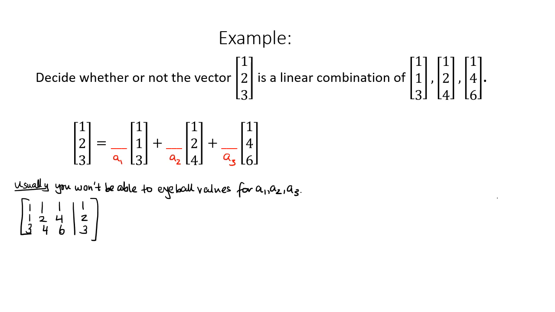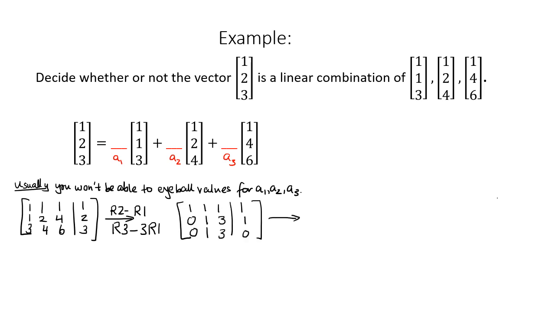other 3 vectors. Okay, so to row reduce, I'm going to start by taking row 2 minus row 1 and row 3 minus 3 row 1. Okay, next up we're going to do row 3 minus row 2.